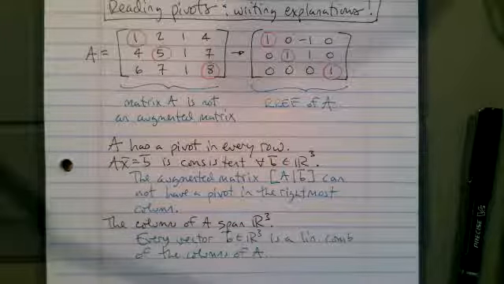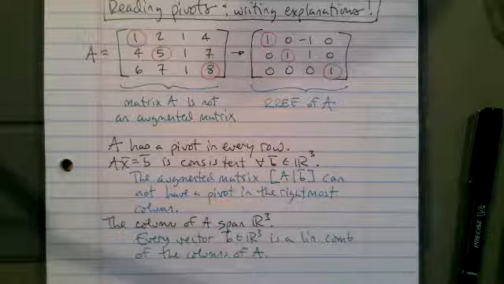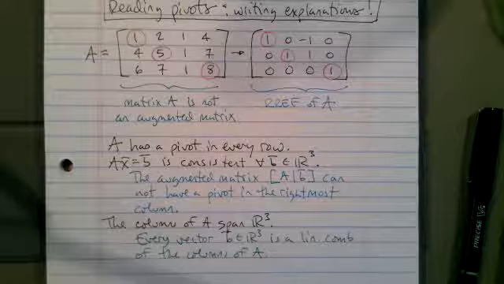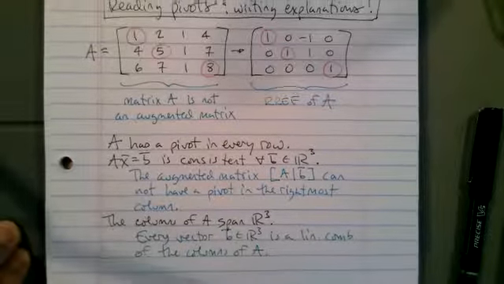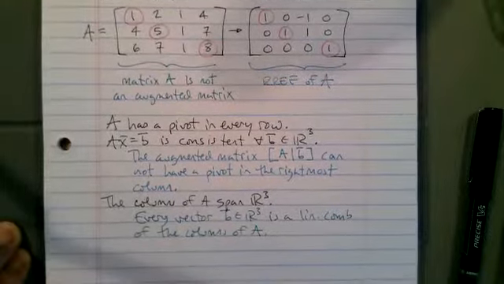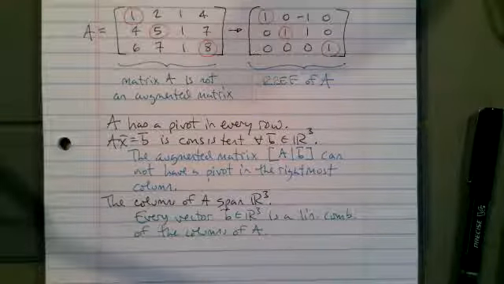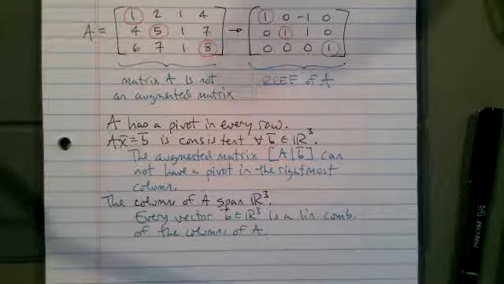Notice that the subject of the sentence is the columns of A. They're the things that are doing the spanning. The columns of A, a set of vectors, does the spanning. We could also say that R3 is spanned by the columns of A. We still have the columns of A as the subject of the sentence.